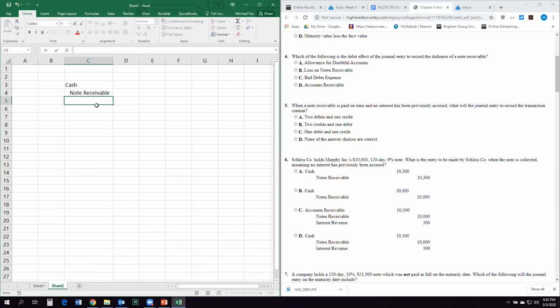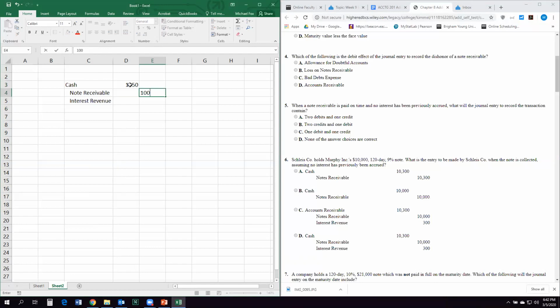So the other thing we're going to have is interest revenue. Right? That's what it would look like. So if somebody borrowed $1,000 from me, and then now they're paying me $1,050 with interest, my cash would go up by $1,050.